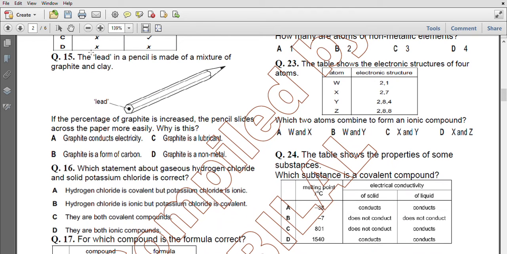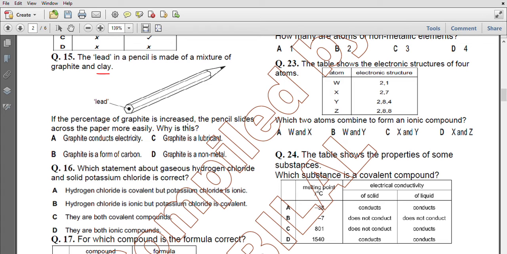Next, question 15. The lead in a pencil is made of a mixture of graphite and clay. If the percentage of graphite is increased, the pencil slides across the paper more easily. Why is it?